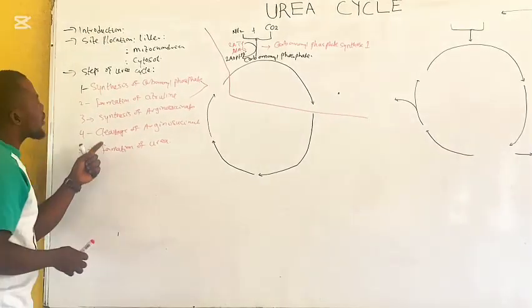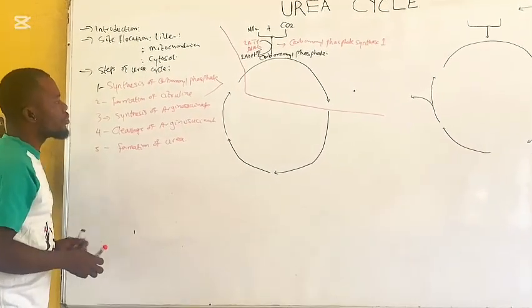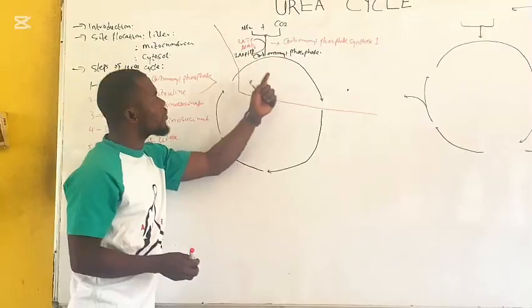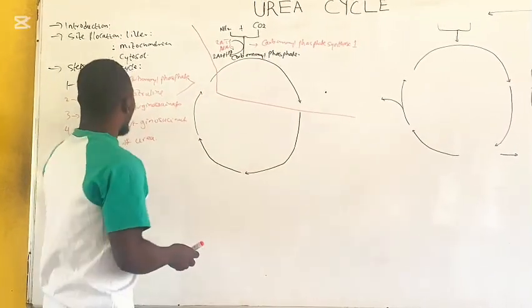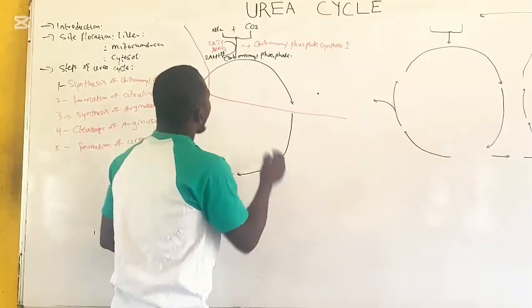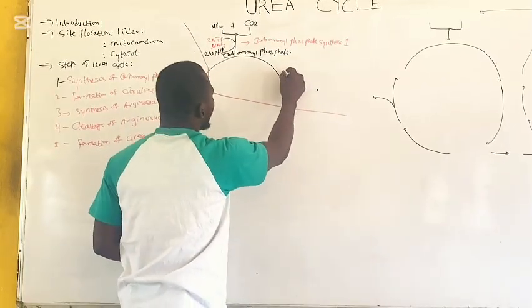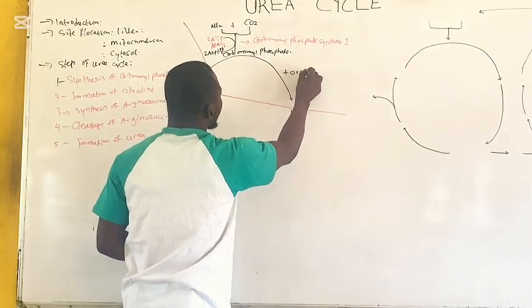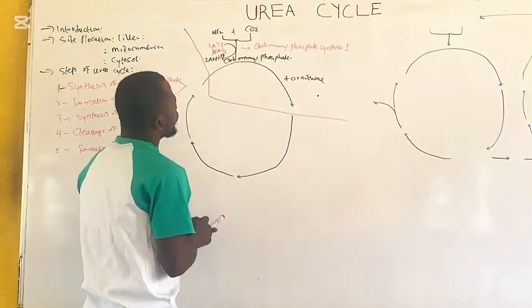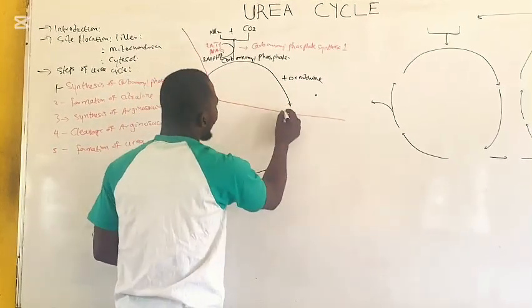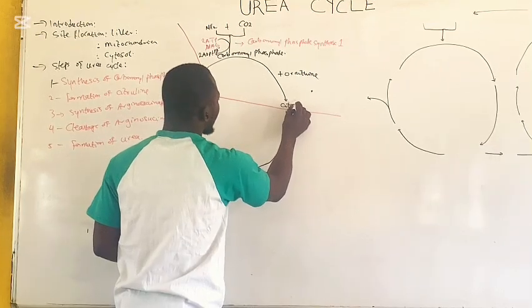The second step is formation of citrulline. Now, the carbamoyl phosphate will react with ornithine to form citrulline. So, carbamoyl phosphate plus ornithine forms citrulline.